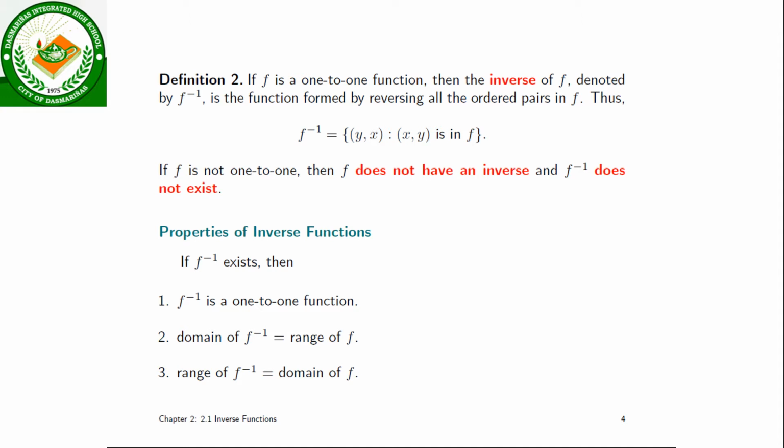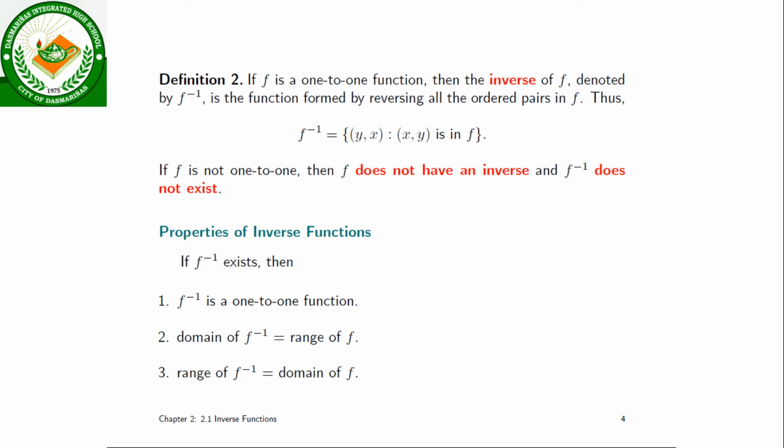We'll just interchange the x and y in our one-to-one function. So if f is not one-to-one, then f does not have an inverse. Or we can also say that the inverse does not exist.